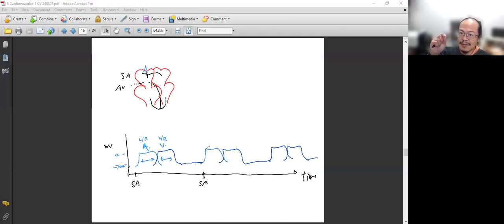If it's just one cell, the signal is very, very small, but it's millions of cells changing their membrane potential. So it's very much like if you just drop, like this is a pen, right? Let me get a pen here.